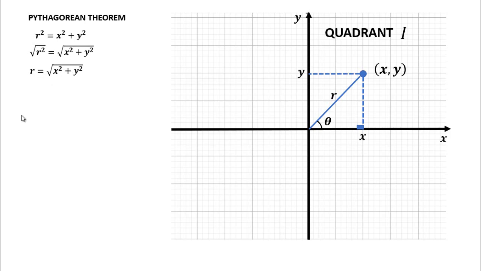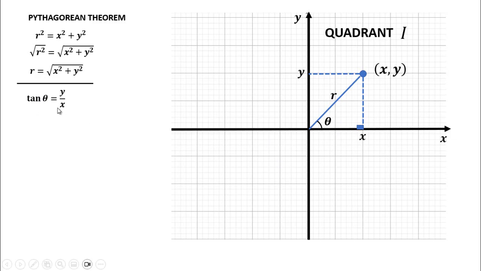Now, to calculate the value of theta, we can apply the tangent of theta. By definition, the tangent is the opposite leg over the adjacent leg. So we have tangent of theta equal to y over x.